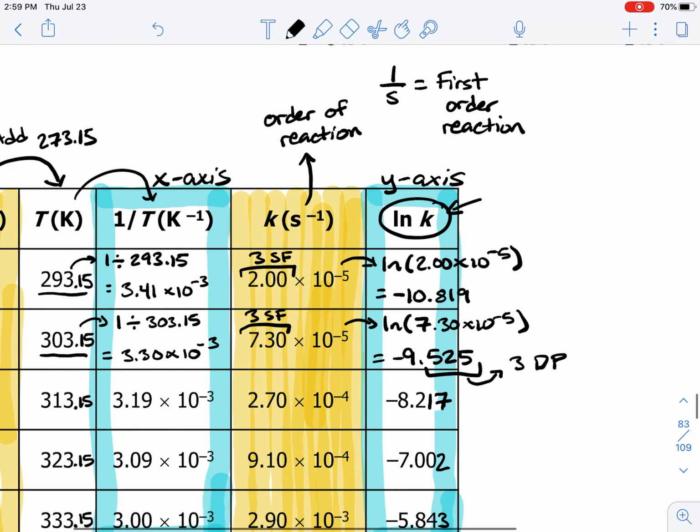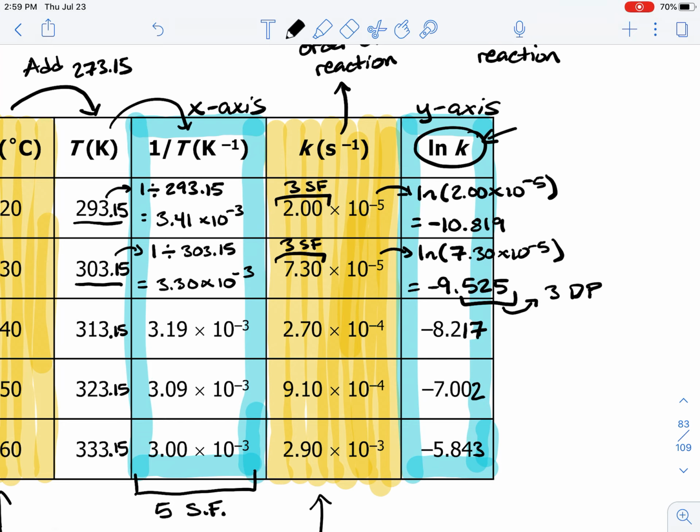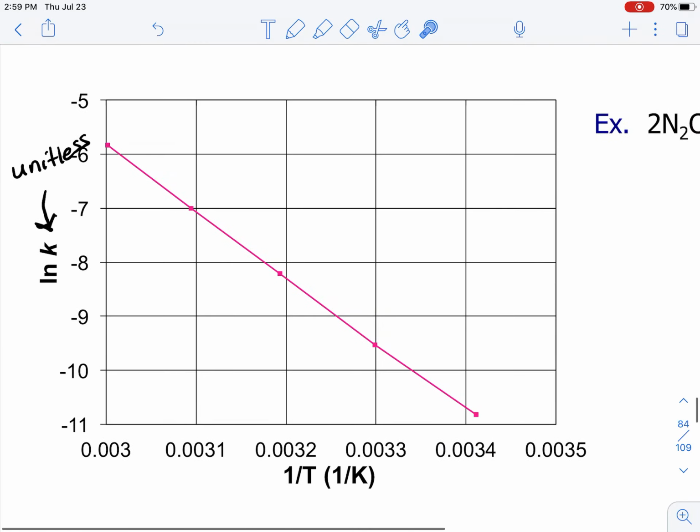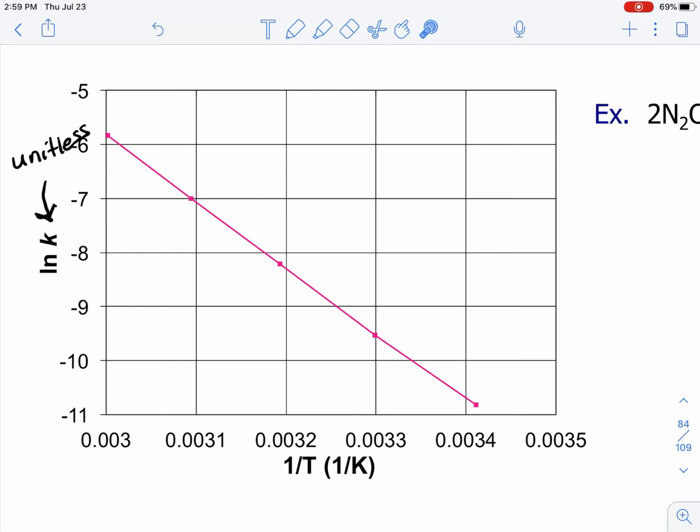Anyways, going back to the main point, once you guys have obtained your values for the reciprocal temperature and your values for natural log of k, you're going to go ahead and plot them. And so the natural log of k, that is unitless, and we'll talk about that a little bit later on. However, the unit for the reciprocal temperature is 1 over Kelvin.